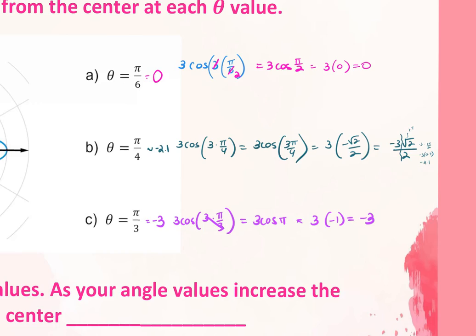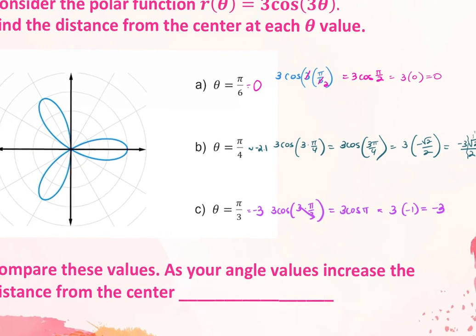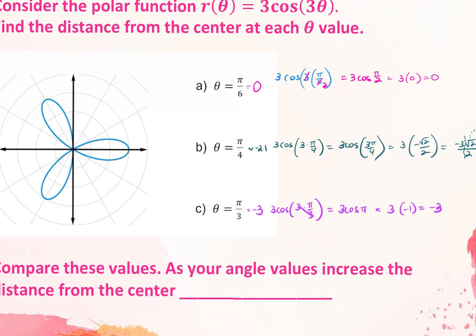So now go to your graph. Does this make sense with our graphs? When you only see 2 lines here, this one's your pi over 6, this one's your pi over 3. The middle one, which is not even drawn there, would be pi over 4. So pi over 6 is 0, which makes sense. That's at the origin.